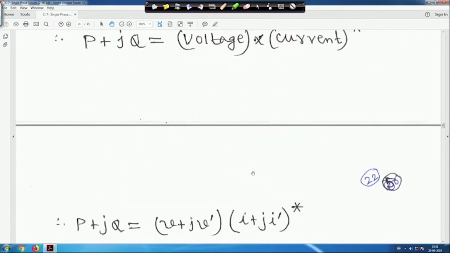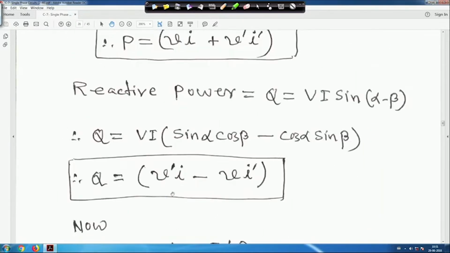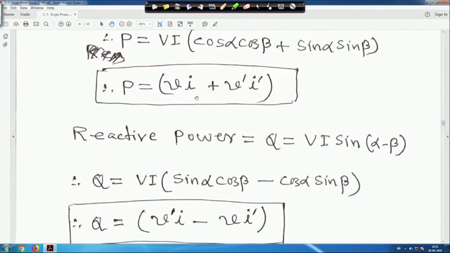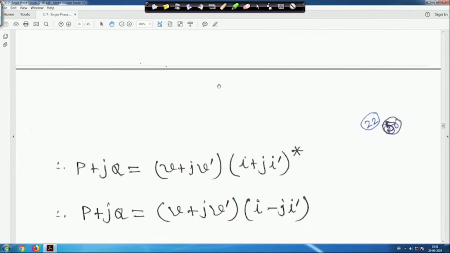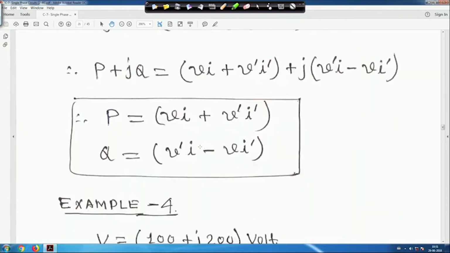So here we got Q as V dash I minus VI dash, and P as VI plus V dash I dash. Similarly, if you do this with the other conjugate, you will get the same result. So the conjugate is required to capture the power factor angle. I hope up to this point, for the single phase circuit, you have understood this.